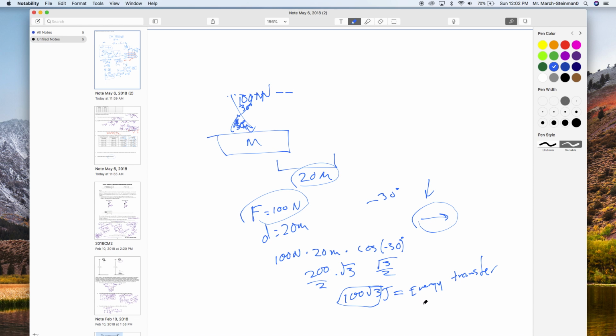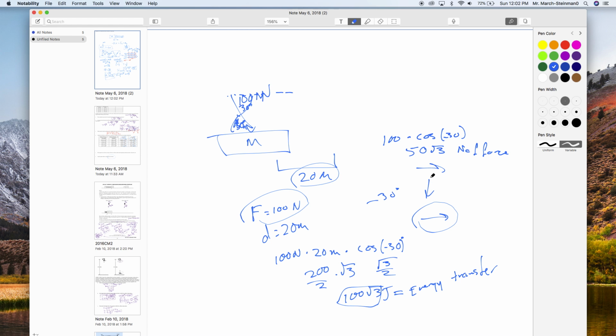And in that case, not all of my force is contributing to this motion, but some of my force is. If we want to figure out how much force is in that direction, we just say 100 times cosine of negative 30, so 50 root 3 newtons of force is in that direction.